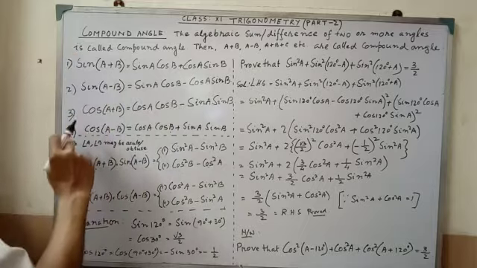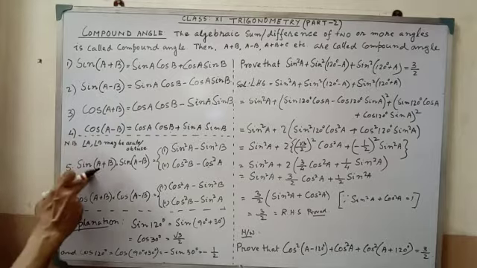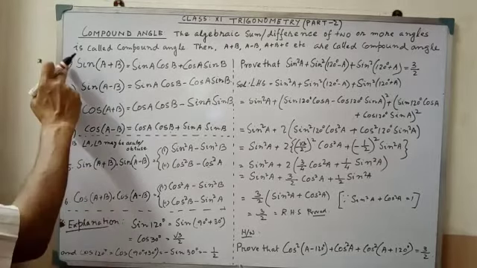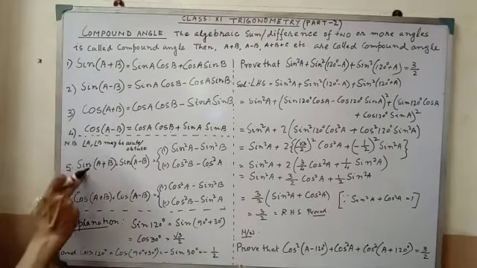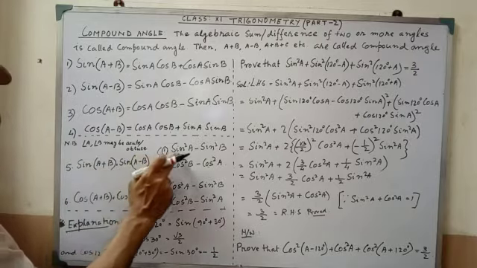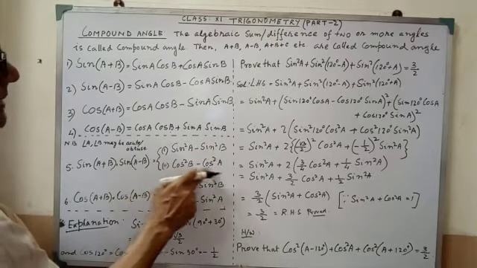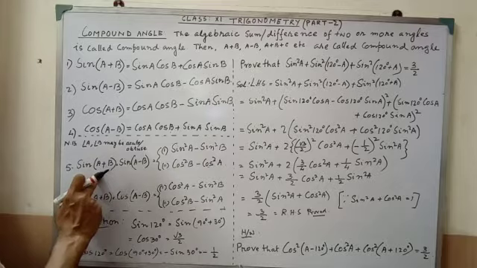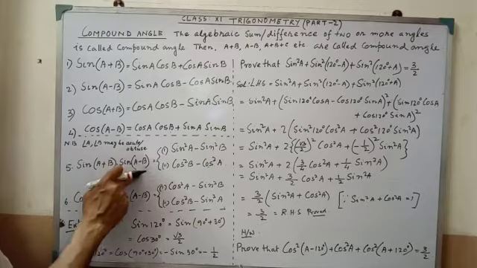From these four, we may get more by combining 1 and 2, that is sin(A plus B) and sin(A minus B). We are getting sin square A minus sin square B, or cos square B minus cos square A. (A plus B) into (A minus B) you have learned in previous classes, that is A square minus B square.